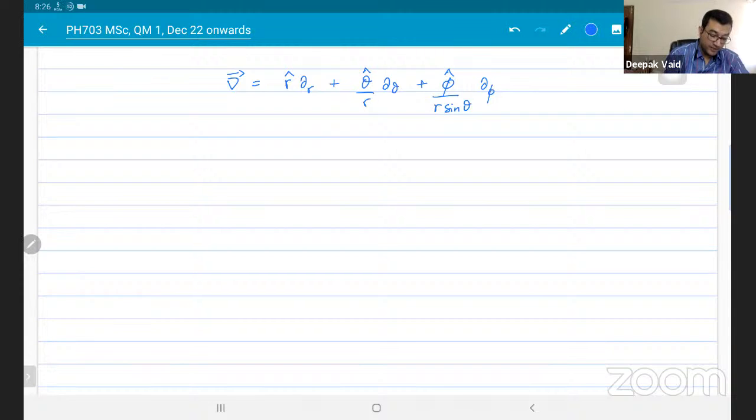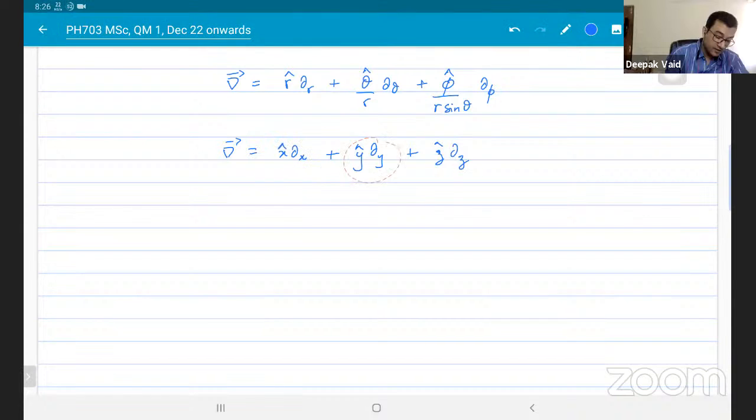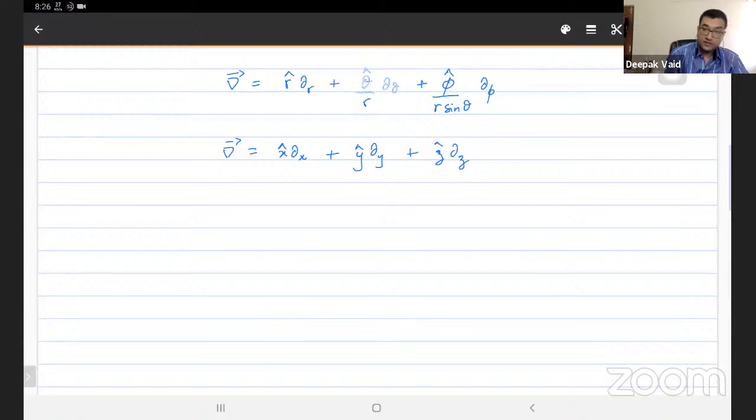And if you compare it to the expression for the gradient operator in Cartesian coordinates, you can see that there are some similarities. For instance, it looks like either one of these terms. But what about the θ̂ term? The θ̂ term has the same kind of structure, θ̂ times ∂/∂θ.